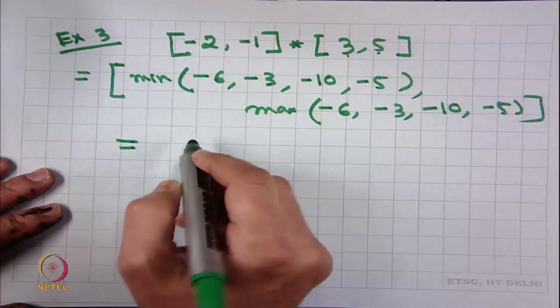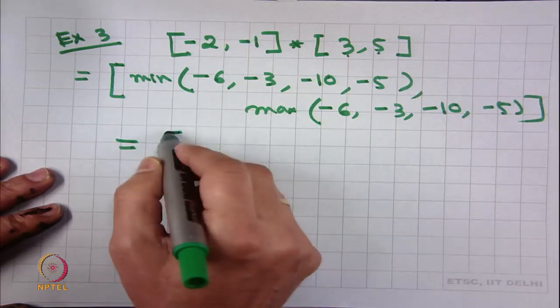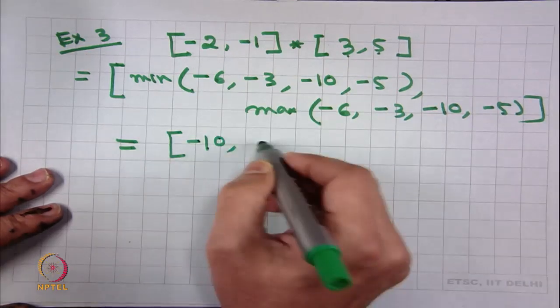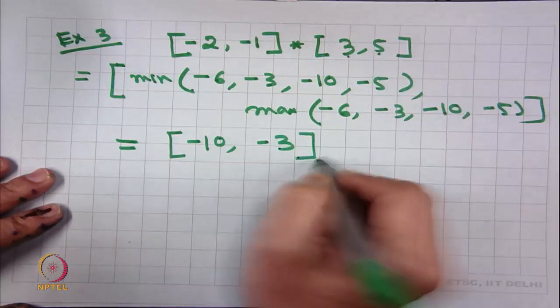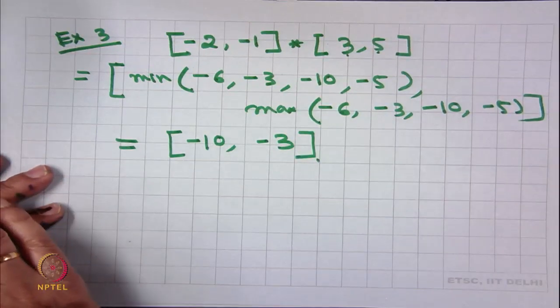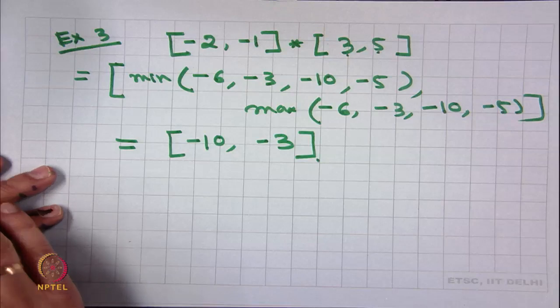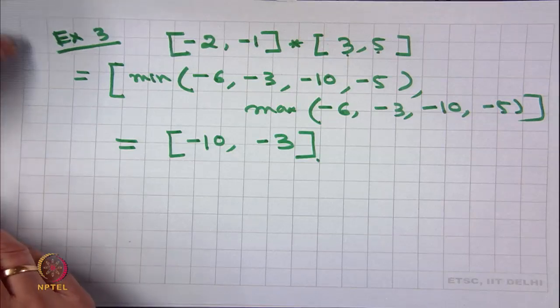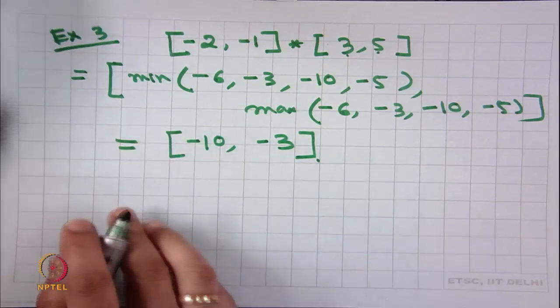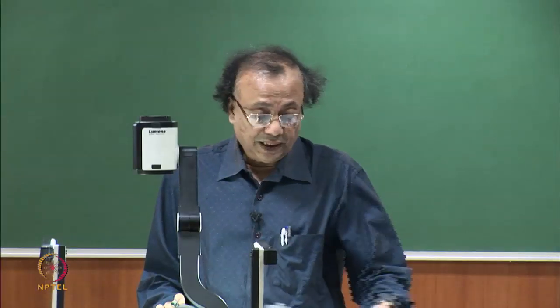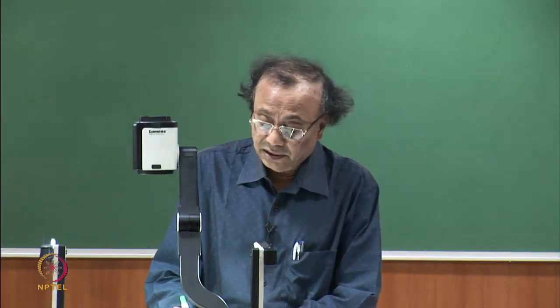This is going to be minus 10 to minus 3. So, I feel that the concept of multiplication of intervals is clear. With that, let us look at division.